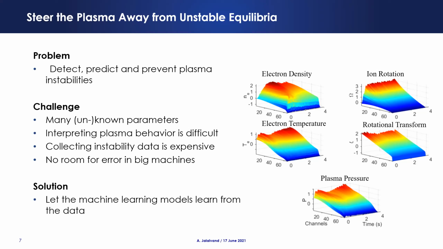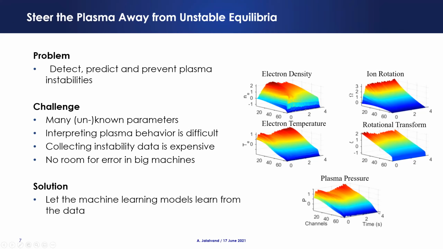So now the question is, can we actually predict these 5 particular profiles of plasma by only looking at the time t and these profiles, and predict them in the next 100, 200, 300 milliseconds? And as you see, it is actually high dimensional data.